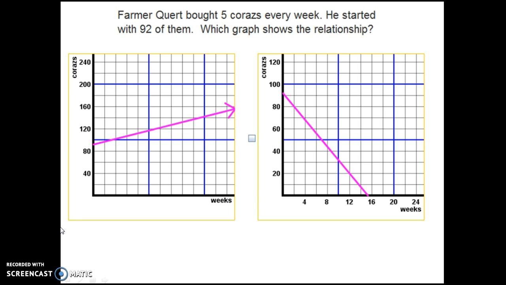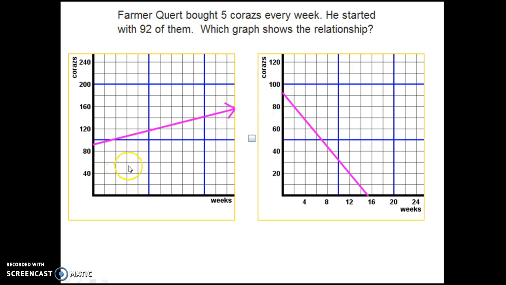Let's take a look at a few examples. So here we're going to try to choose the graph that represents the situation that we are given. So Farmer Quirt bought 5 Corazes every week. He started with 92 of them. Which graph shows the relationship? Both of these graphs start at 92, so they show a starting amount of 92.